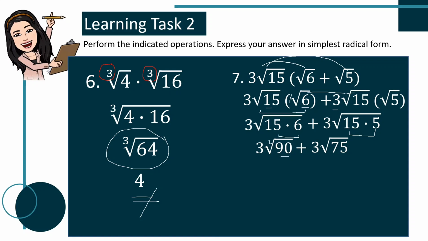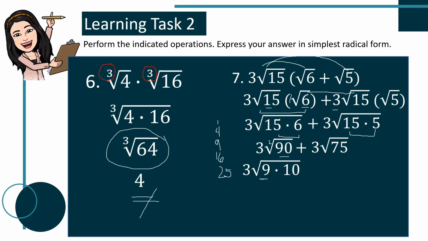We have 1, 4, 9, 16, 25, 36, and so on and so forth. Maliwanag? So dito, hanapin natin yung pinakamalaking factor ng 90 na perfect square. That would be 9 times 10. Ito po yung perfect square.